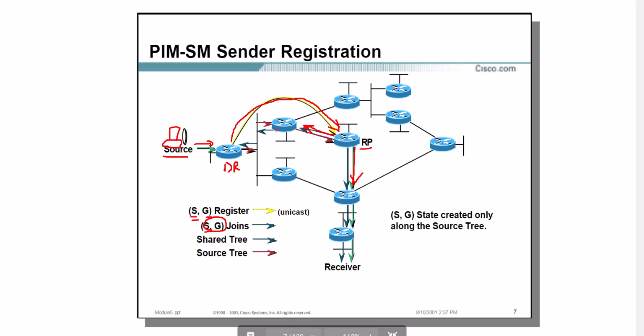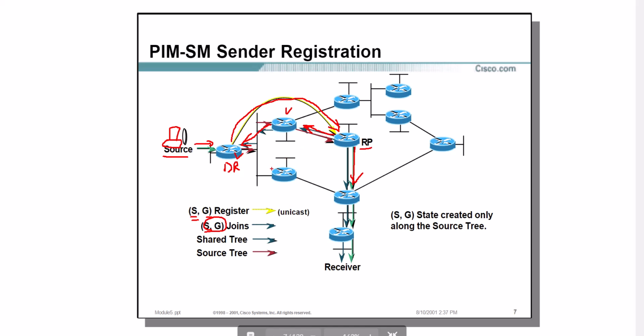And then again, similarly to the previous case, hop by hop, each router on this branch will resend these join messages, and they will learn, okay, we now need to join this, and we need to be part of this branch of the shared tree for this source and this group, right? Okay, and this way, this branch is formed, right?